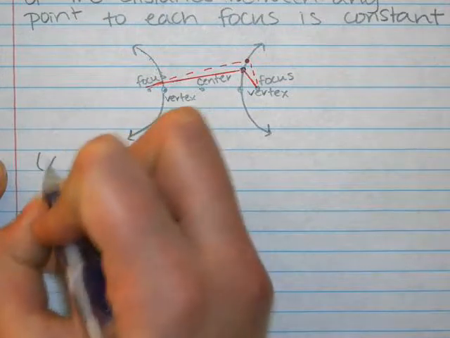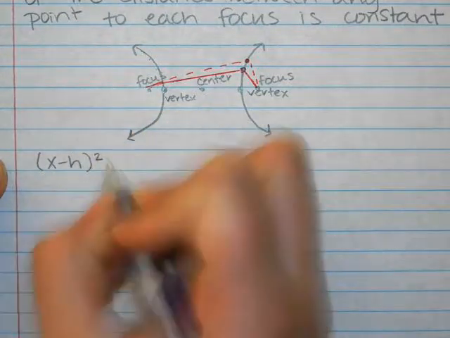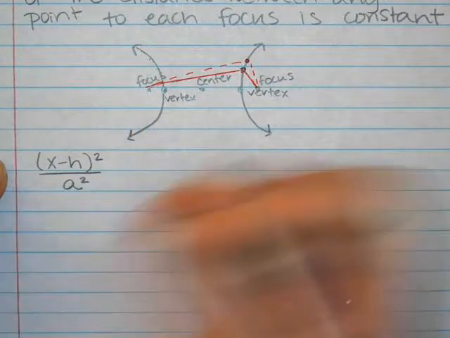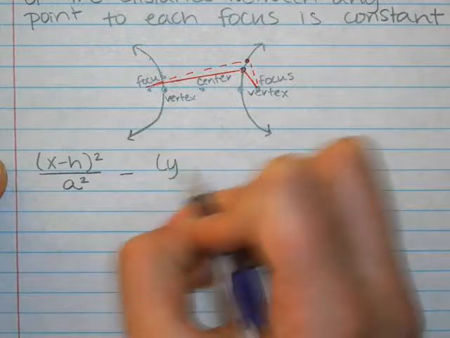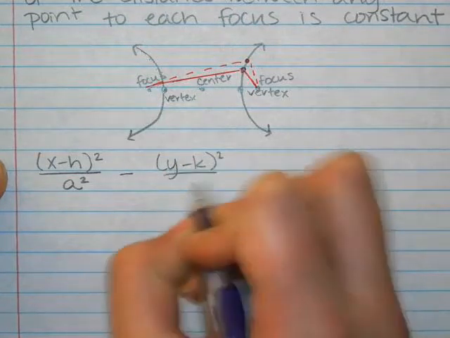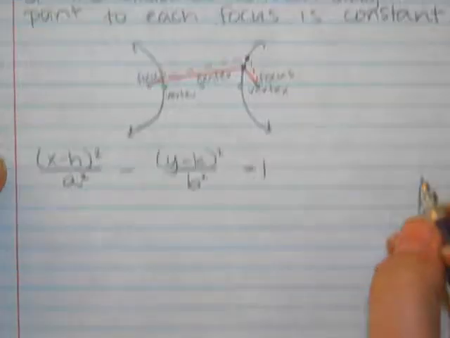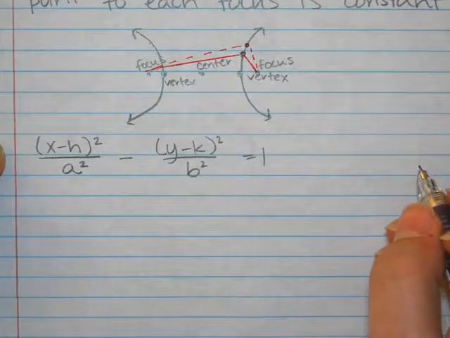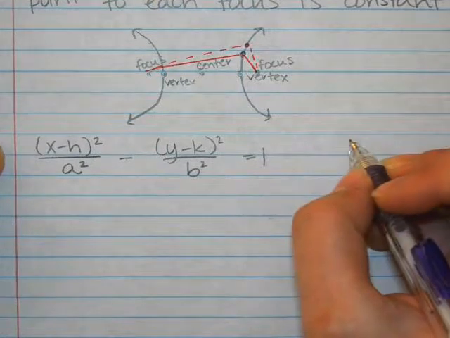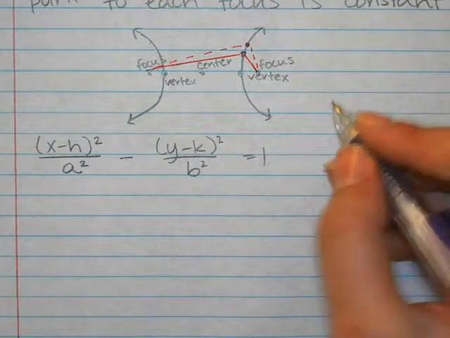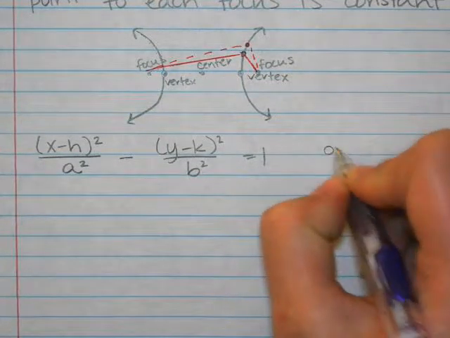So we have (x minus h) squared over a squared minus (y minus k) squared over b squared equals 1. And this would be hyperbolas that open left and right.